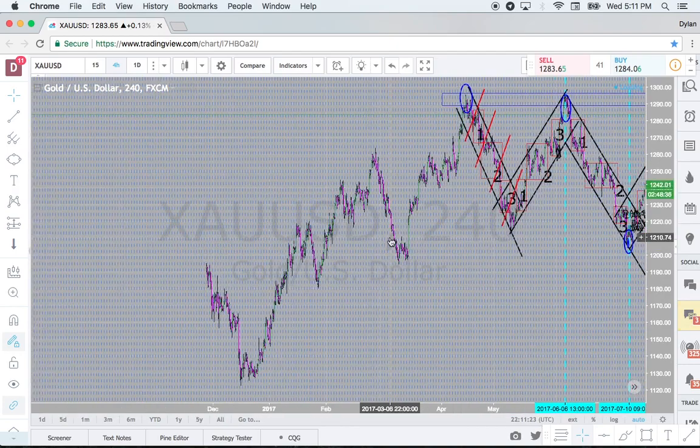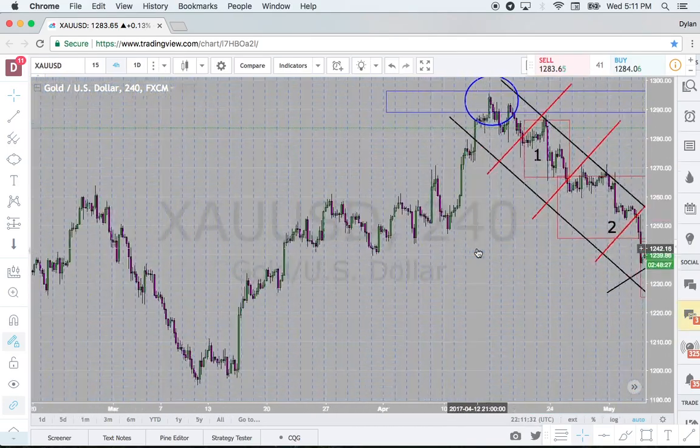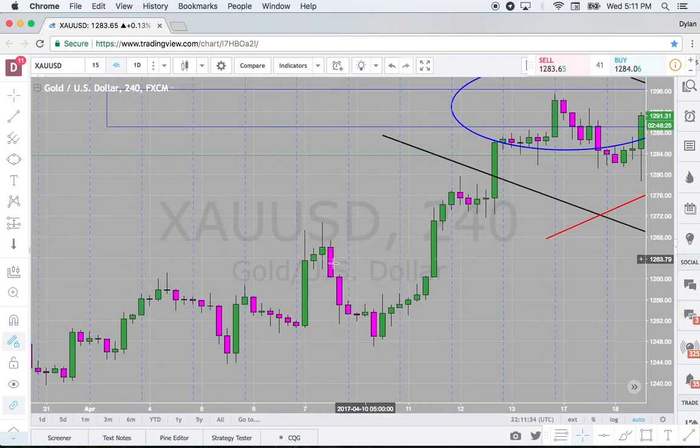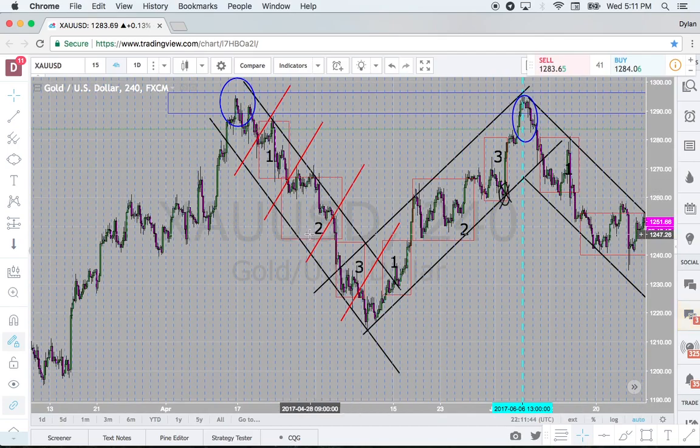So the macro I think would be more like this trend, and the micro I think would be like these little trends. So this downtrend, this uptrend, downtrend, but this is somewhere in the middle.